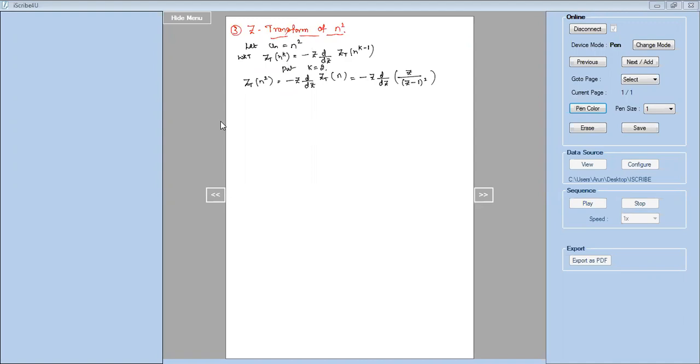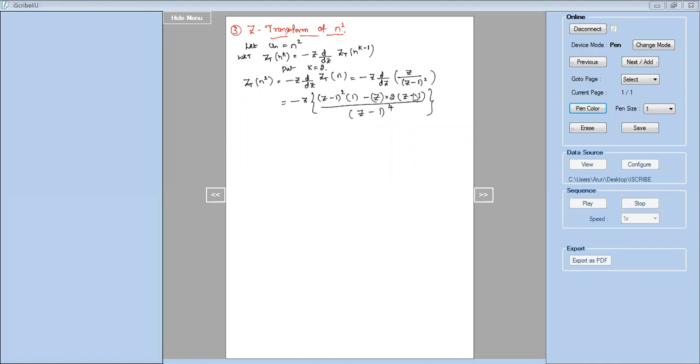It is minus z into, using the quotient rule, denominator z minus 1 whole square into differentiation of z, which is 1, minus numerator z into differentiation of denominator, which is 2 into z minus 1 into differentiation of z, which is 1, divided by denominator z minus 1 whole power 4. This is by using the u by v formula.